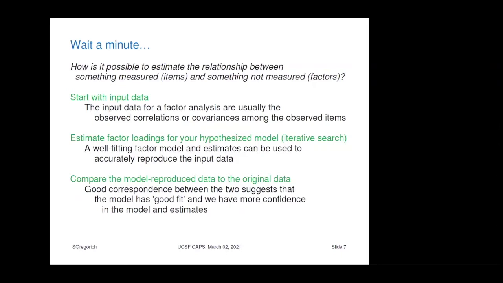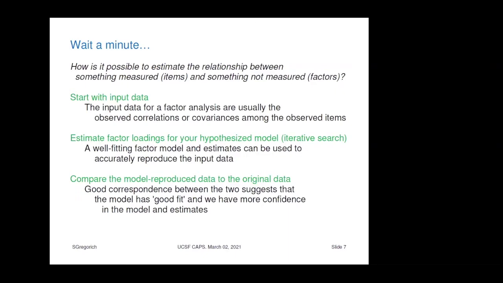And then you iteratively search for relationships between, well, you specify a number of factors as well. And then you search for relationships between factors and items that attempt to at least reproduce the input data, which is the inter-item correlation matrix.